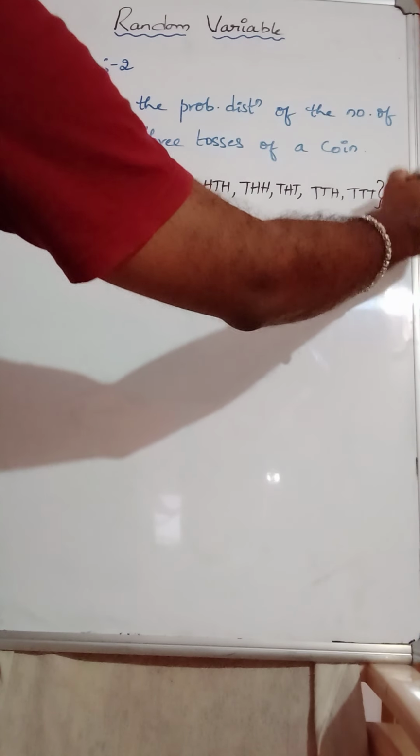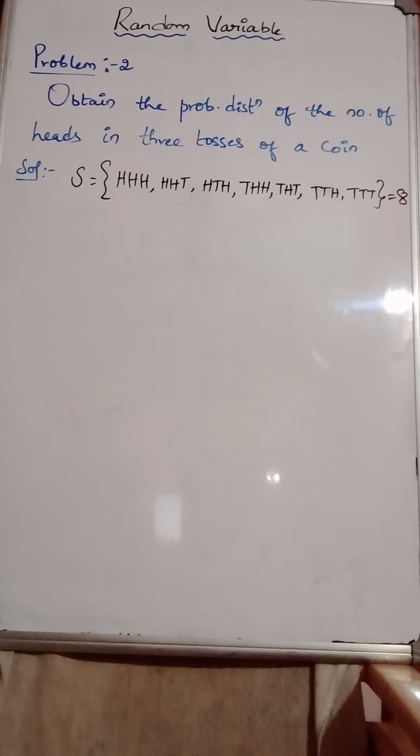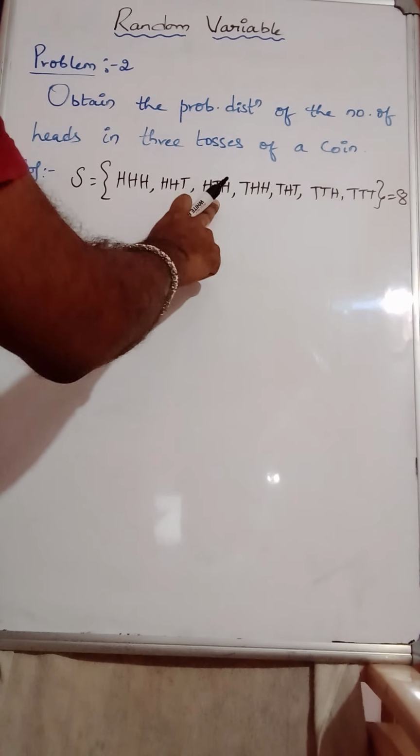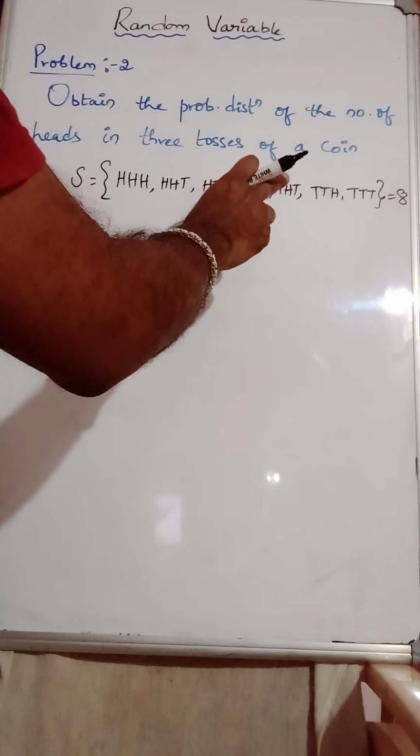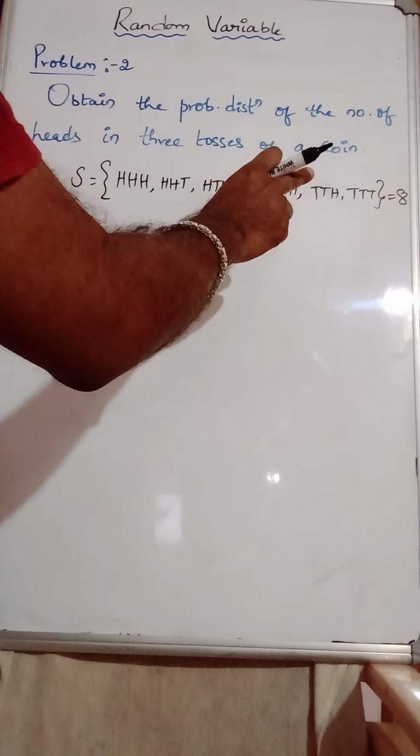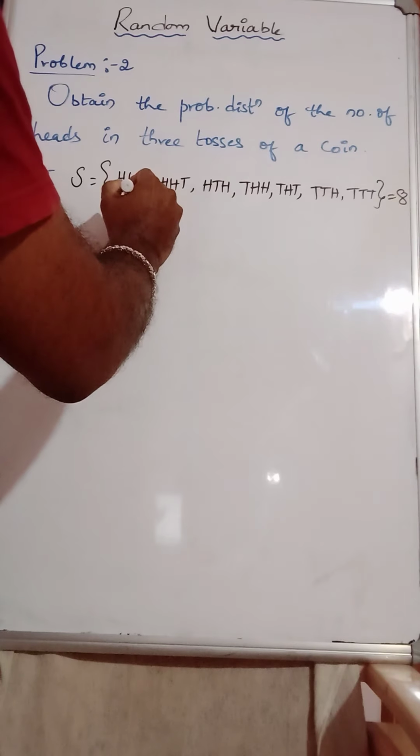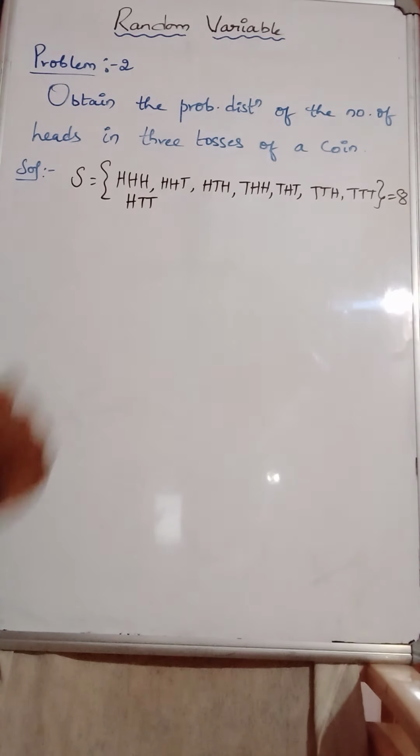So totally 8 possible outcomes. 7 only, there is one more: head, tail, tail. So totally 8 possible outcomes. Are you clear guys?